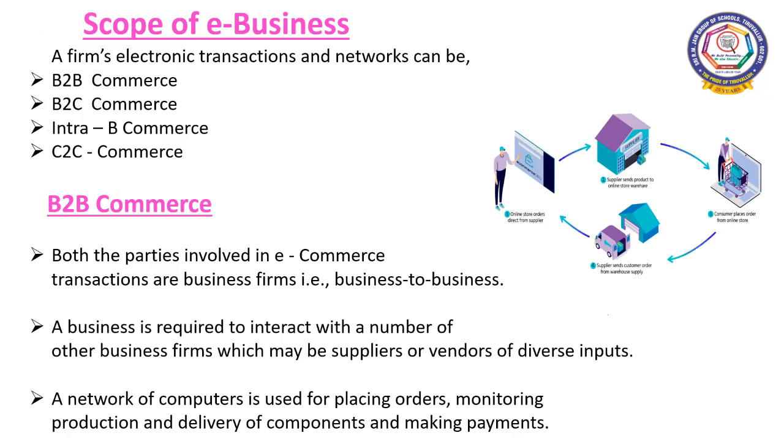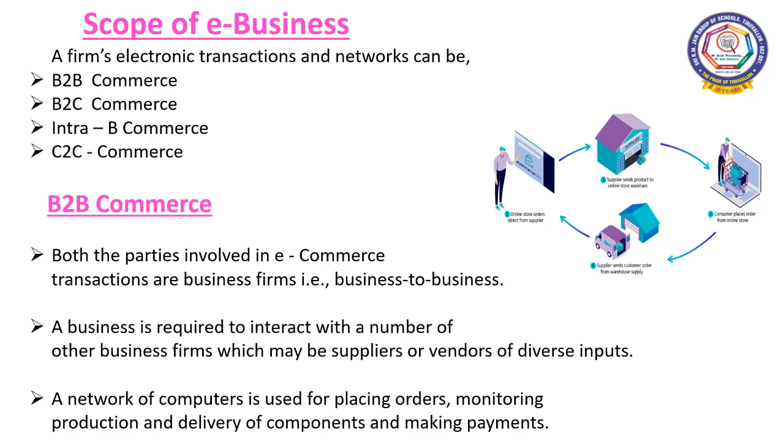Then what is the scope of e-business? That is, what is the response from the people for e-business transactions? We will see one by one. The electronic transactions and networks, that is e-business, can be B2B commerce, that is from business firm to business firm. Electronic transactions can be undertaken between two business firms.